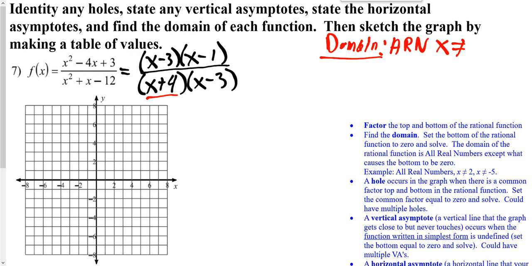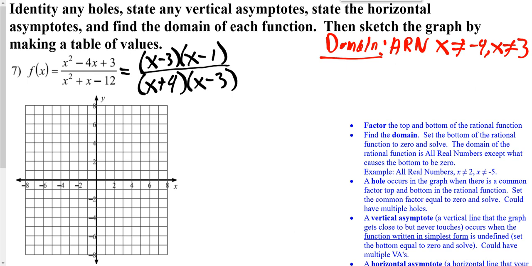I set my first parenthesis equal to 0, x plus 4 equals 0, and solve that, and I get x to be equal to -4. Set my second parenthesis in the bottom equal to 0, and solve that, and I get x to be equal to 3.